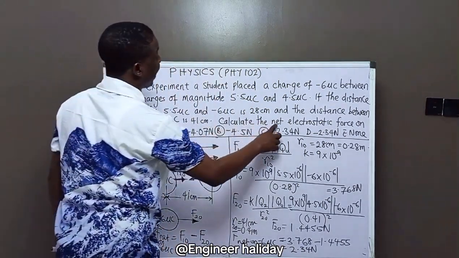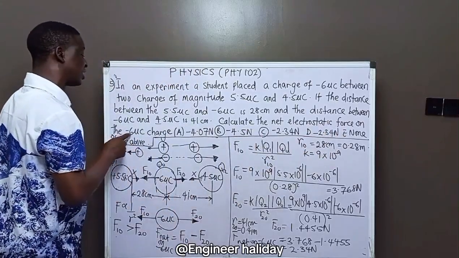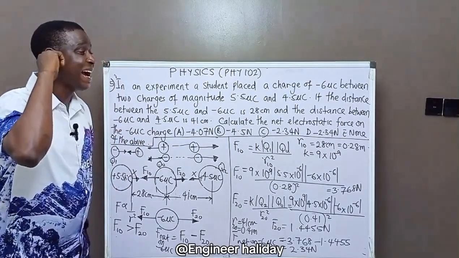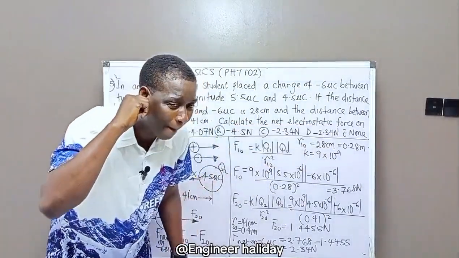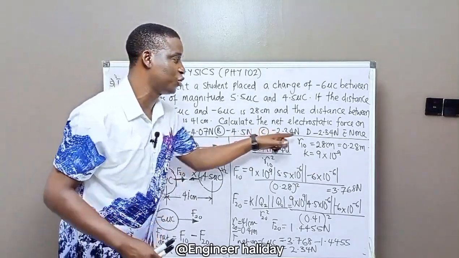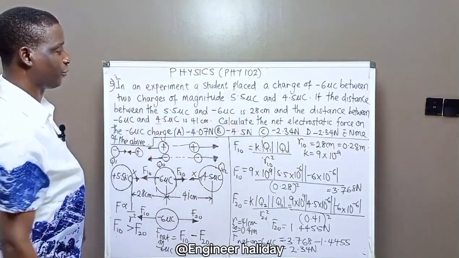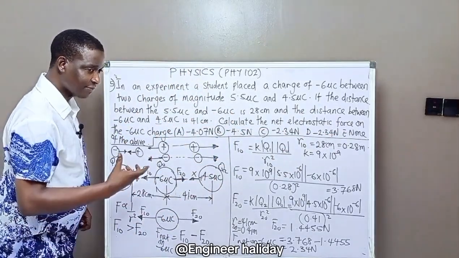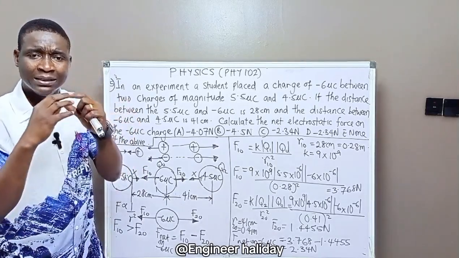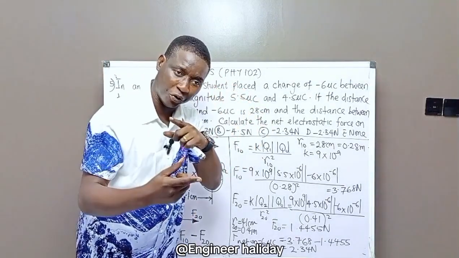Because what they tell you to find is net electrostatic force on charge minus 6 microcoulomb. Now, listen, electrostatic force is a vector. Because in the question you are seeing minus, some of us will go and choose none of the above. That's where we miss it. This is the trap on the question. At any time you have an attraction dominating a system, the answer will always carry minus.